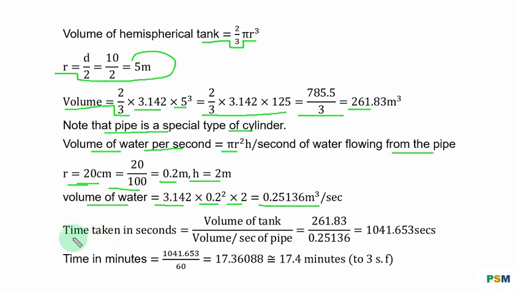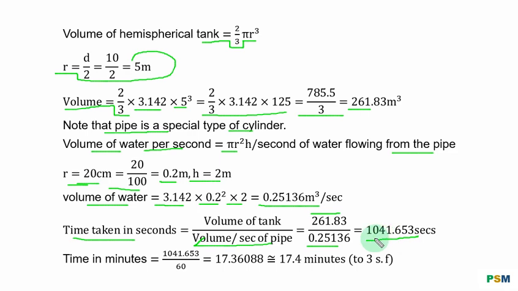Time taken in seconds is equal to volume of tank over volume per second of pipe. This is the volume of tank divided by volume per second of pipe, and you have this result.